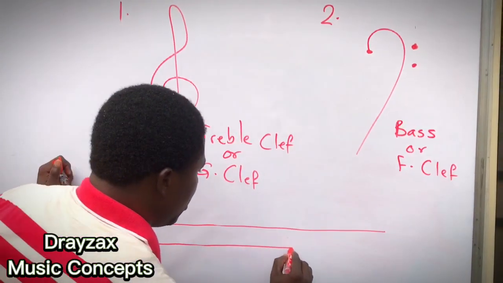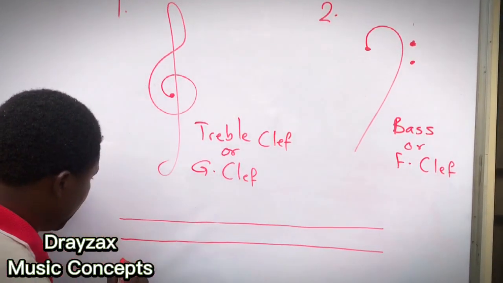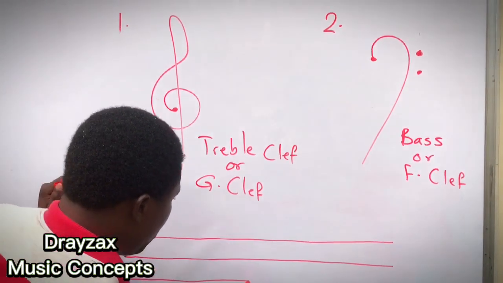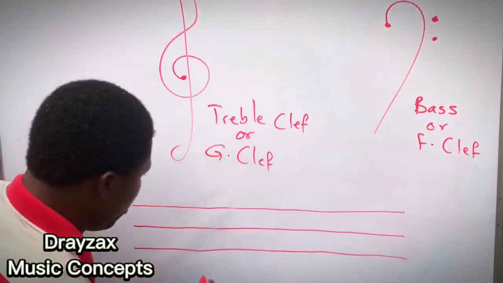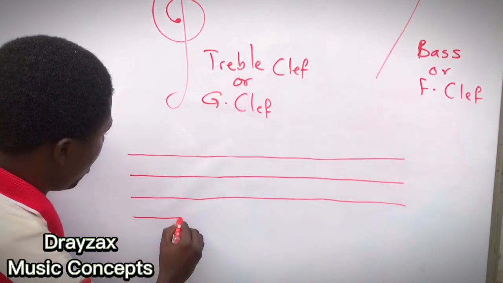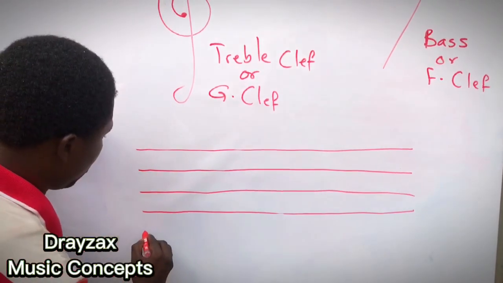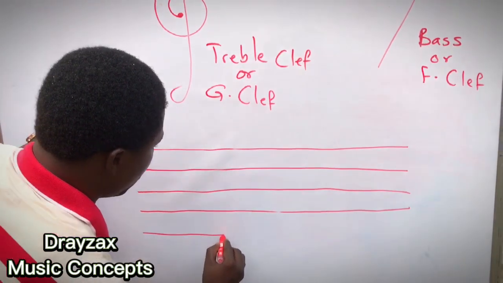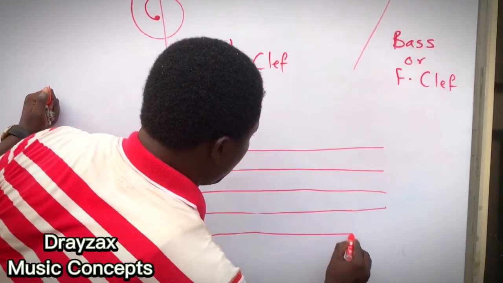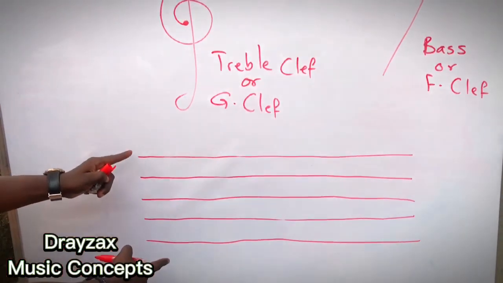This is line number 4. Line number 3. Line number 2. And line number 1. So this is a staff, right?